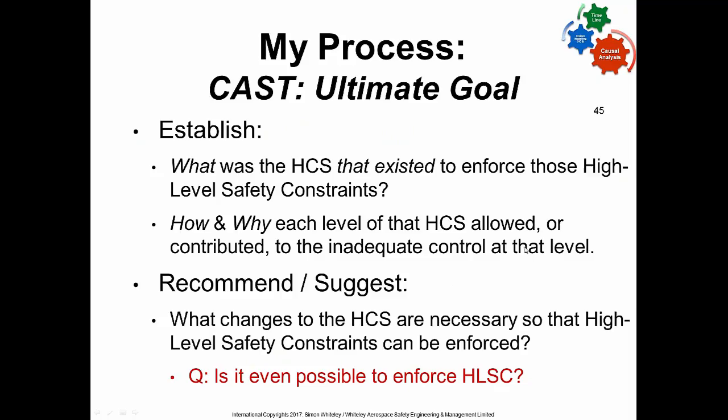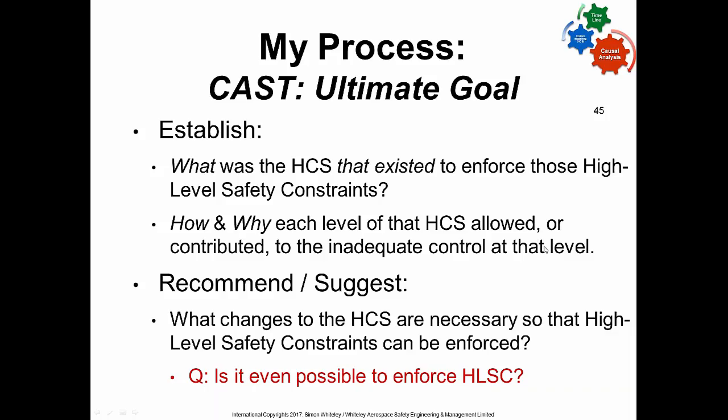Okay, so the CAST ultimate goal is to establish what was the control structure that existed to enforce those high-level safety constraints, and then identify how and why each level of that control structure allowed or contributed to the inadequate control at that level, and then make recommendations and suggestions.